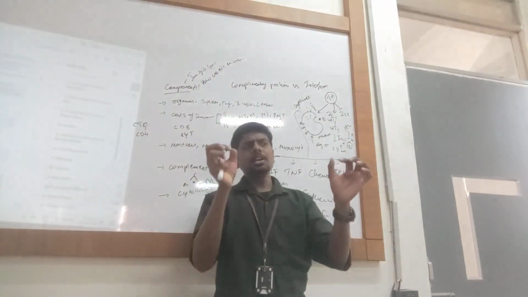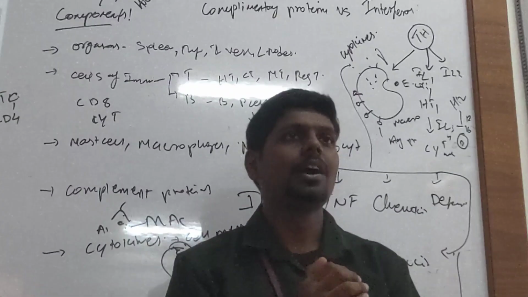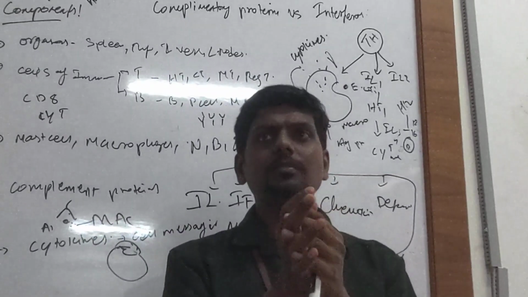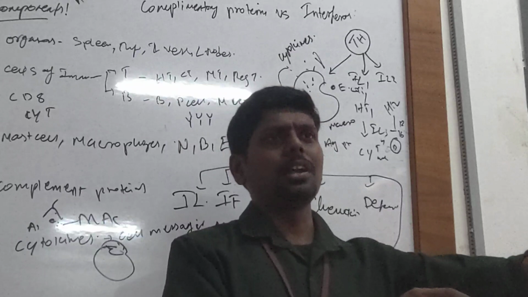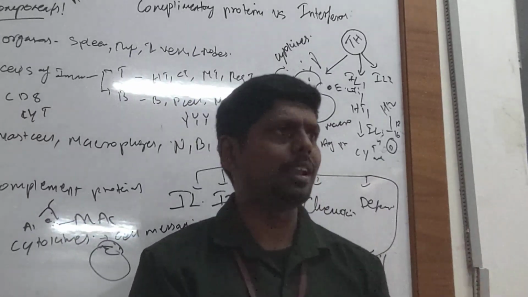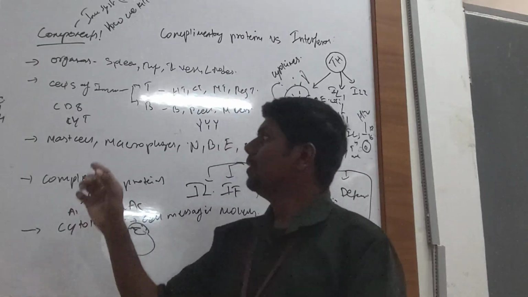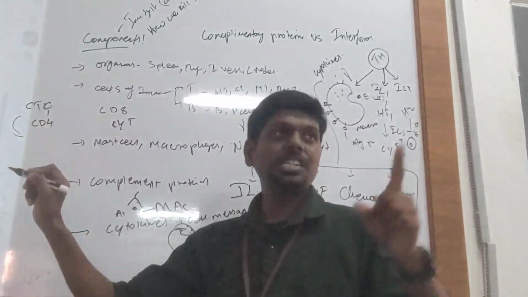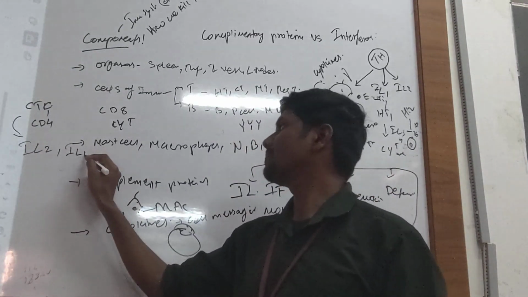So what is the meaning of a marker? First of all, let us understand the definition of a marker. Any idea? A marker is a label for one particular condition or one particular cell. For example, I know that my helper T cell releases interleukin 2 and 4.